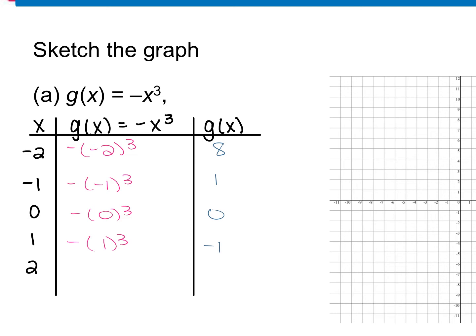And lastly, for 2, the opposite of 2 cubed is going to give us -8. So these ordered pairs are (-2, 8), (-1, 1), (0, 0), (1, -1), and (2, -8).